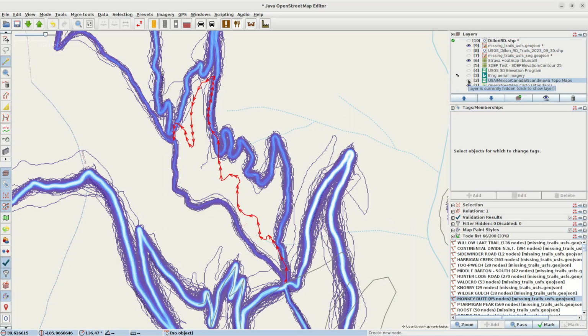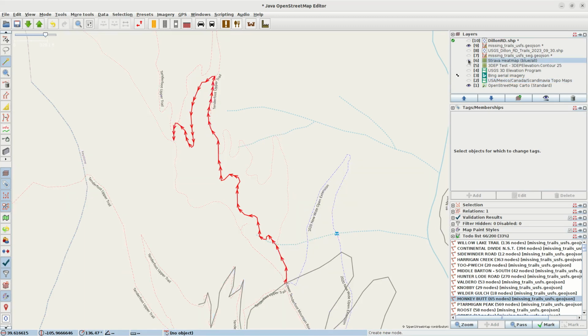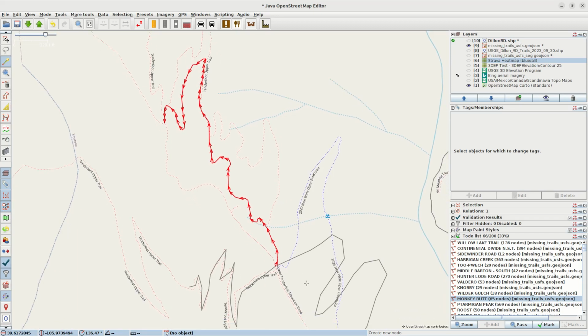All right, this is the Monkey Butt Trail. And unfortunately, it does not appear to exist. According to OpenStreetMap, there's a nearby trail called the Tenderfoot Upper Trail, and another nearby trail called the Lower Tenderfoot Mountain Road.